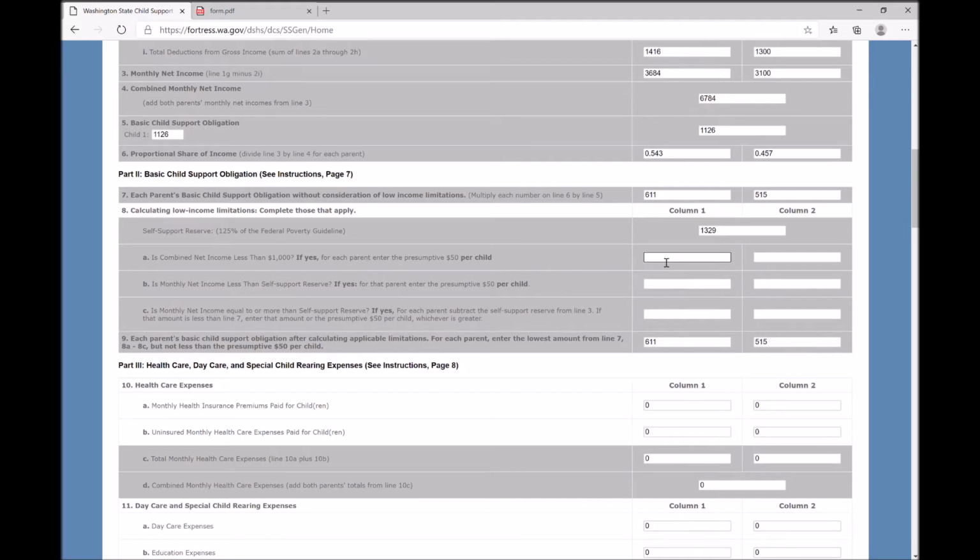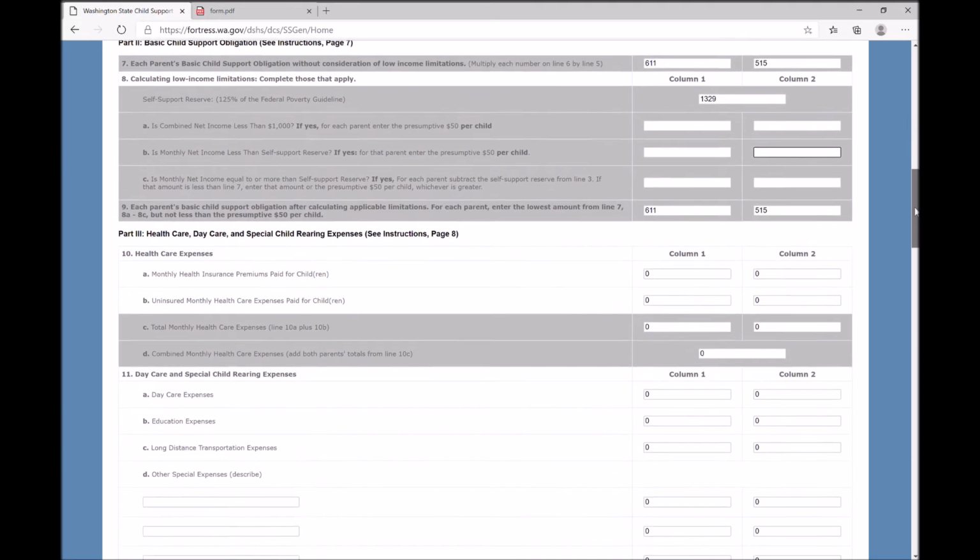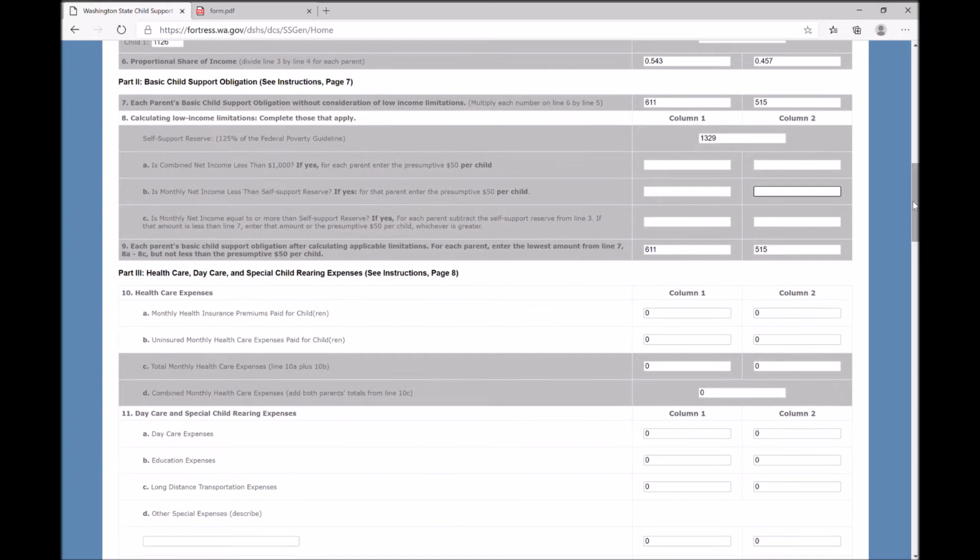That's just what it says. And there are some other considerations. In our case, it doesn't apply because both parents have a reasonable sized income. So the numbers are not affected by that. Father's basic obligation is still 611, and the mother's basic obligation is 515.